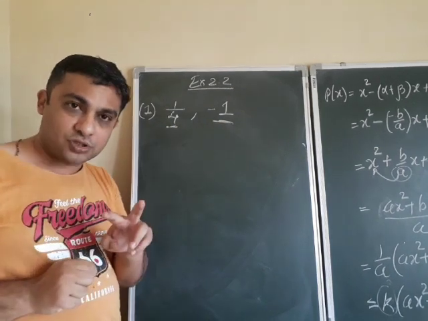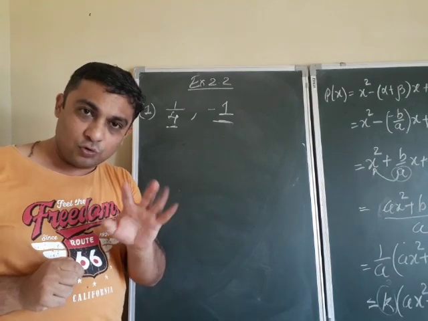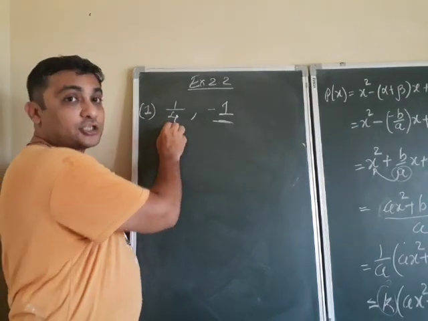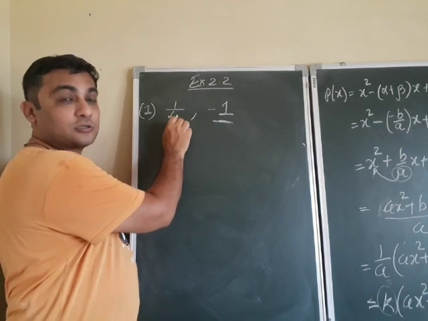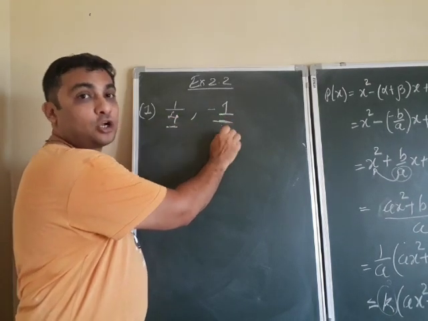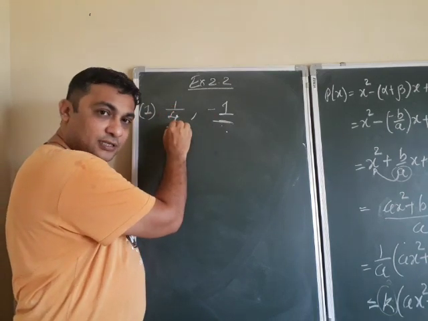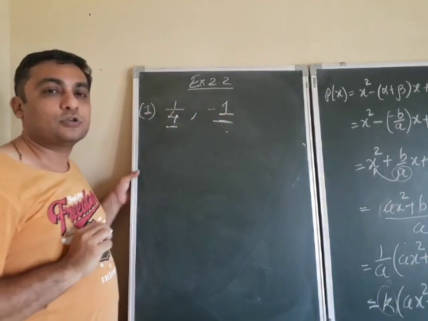Zeros मतलब roots. Whether you say zeros or roots, both are the same words. So this number is the sum of the zeros and this number is the product of the zeros.